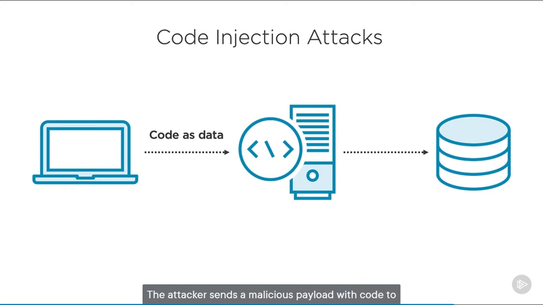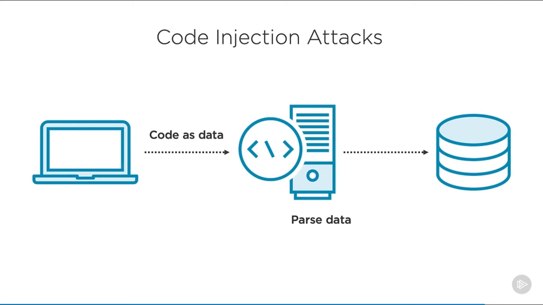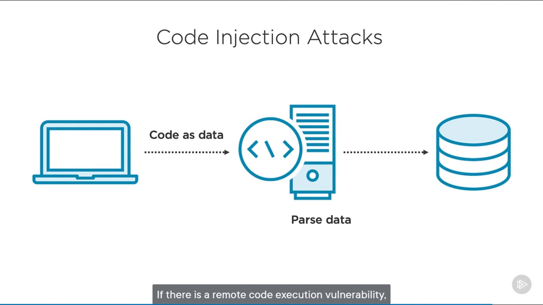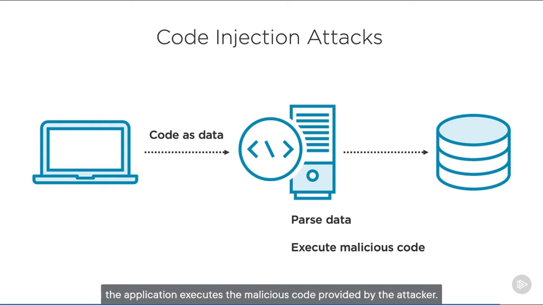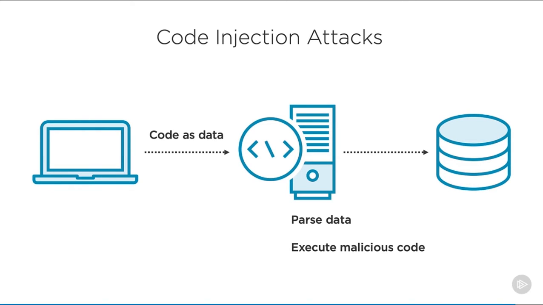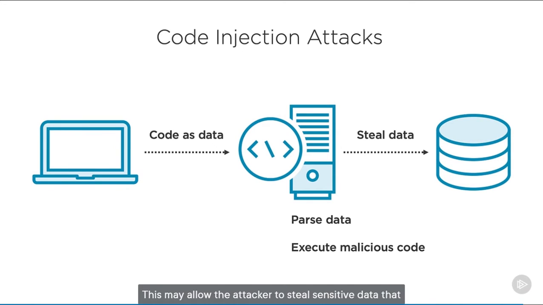The attacker sends a malicious payload with code to be executed, encoded as data. The application running on the server parses this data. If there is a remote code execution vulnerability, the application executes the malicious code provided by the attacker. This may allow the attacker to steal sensitive data that only the application is allowed to access.